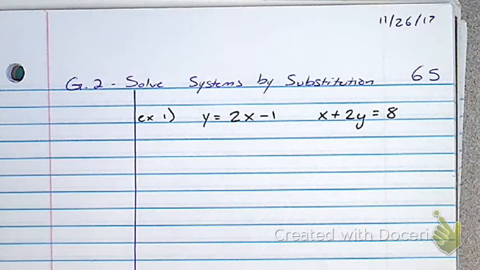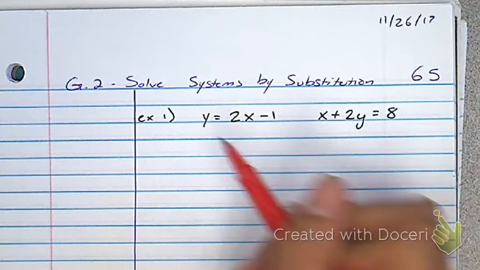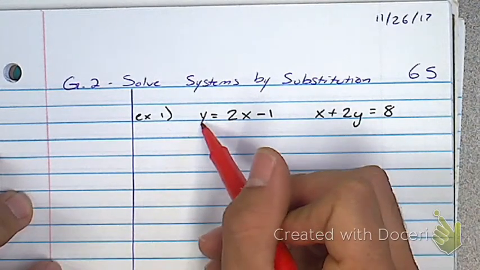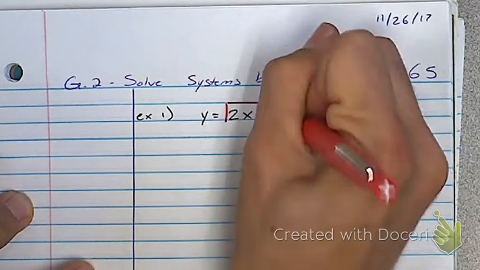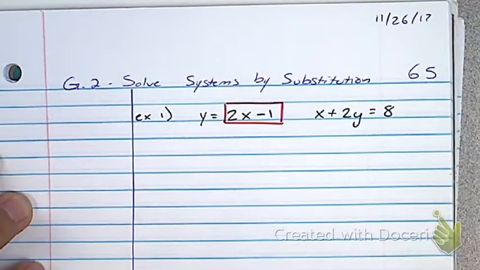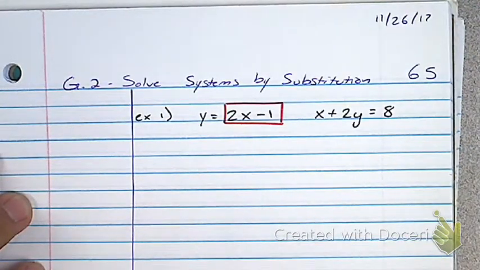What does substitution mean? What does it mean to be a substitute? To replace, to take its place. You're subbing in for that spot. So in this case here, I know that my y equals this amount here. My y is a 2x minus 1.